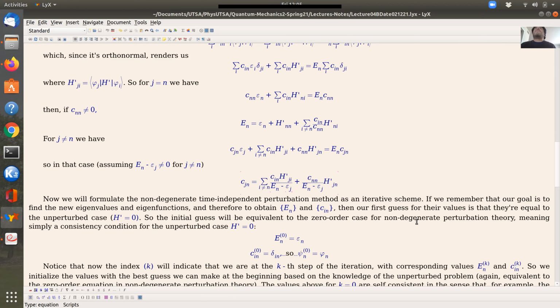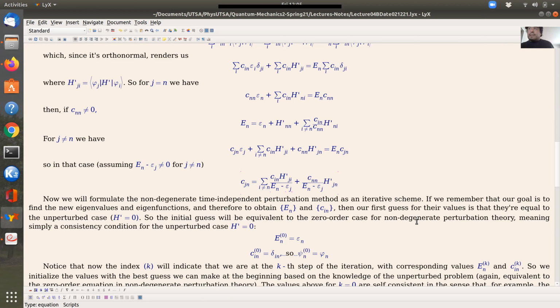When you write a program and you do an iterative scheme, your new values rely on the old values, but for the first values, you need an initial guess, and you need a good guess. And you can guess that a good initial guess would actually come from the solution to the unperturbed problem.